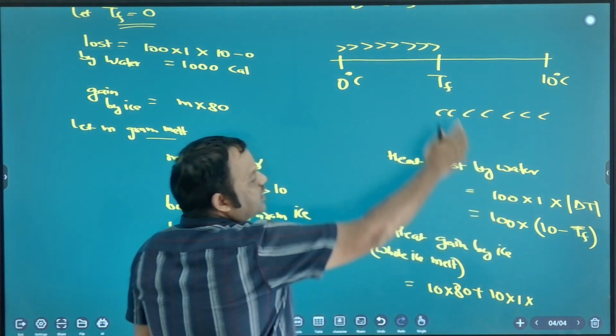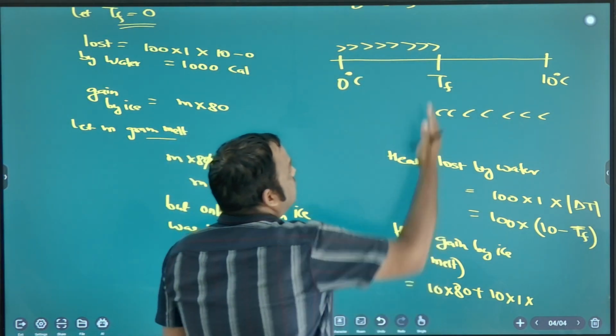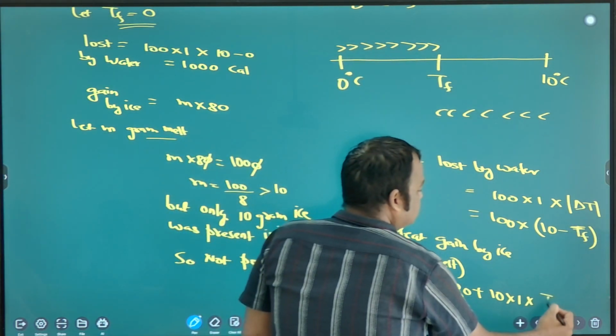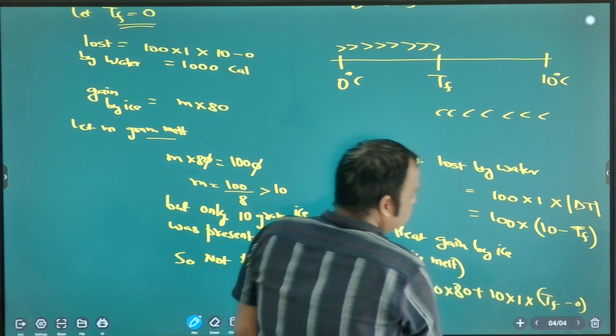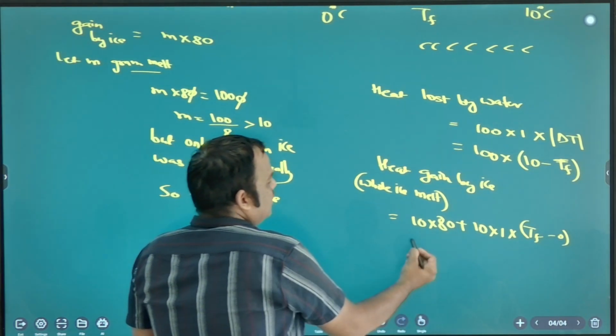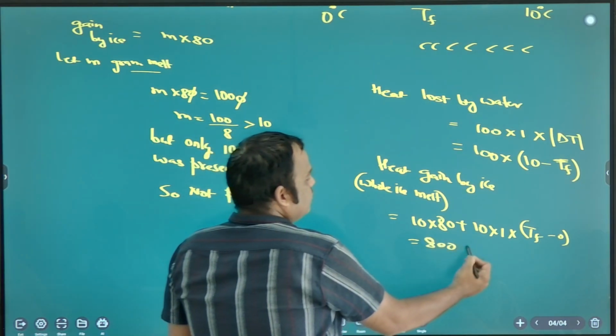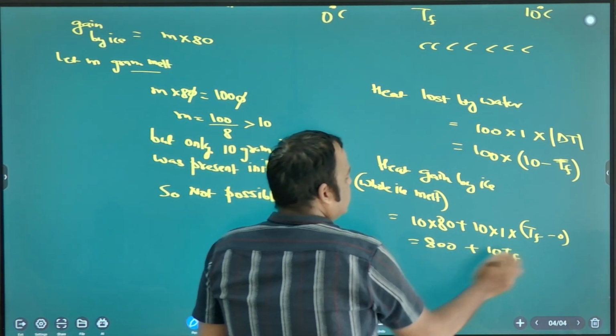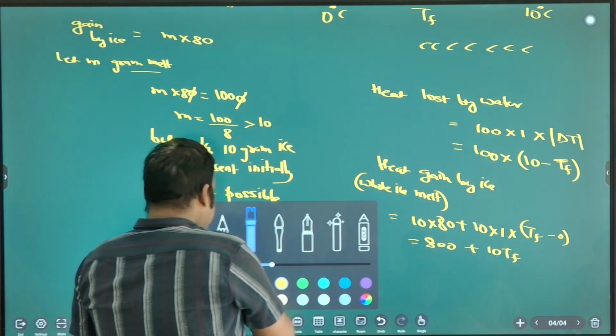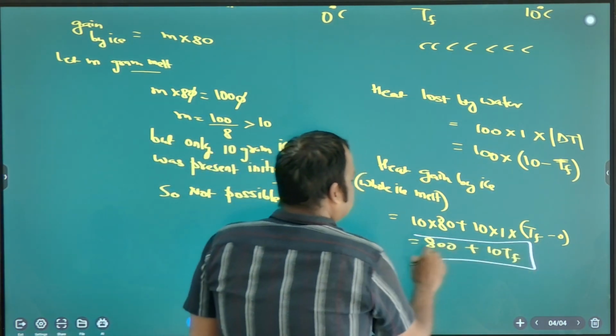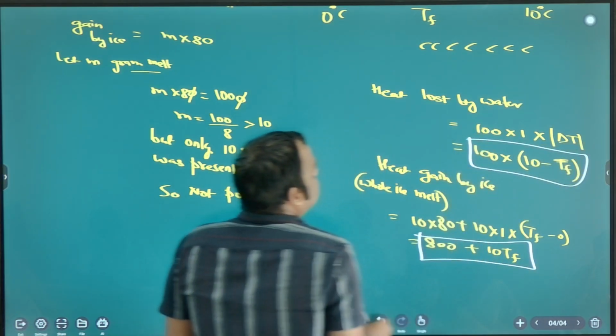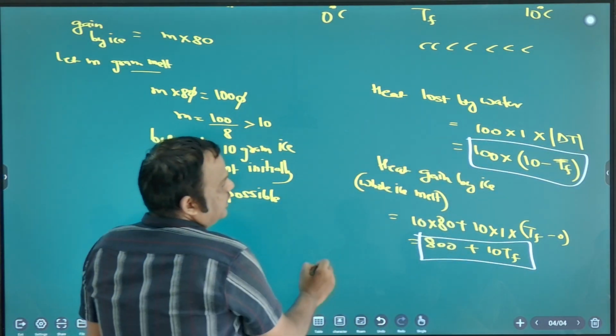Now what is delta T? TF minus 0. So you solve this: 800 plus 10 TF. Clear? Now equate these. Heat loss is equal to heat gain, note this down.